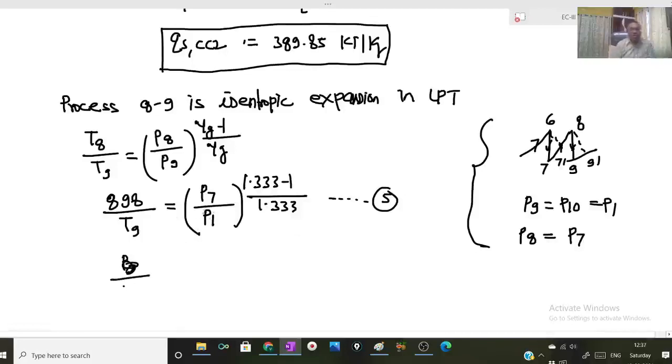Now to get the value of P7 by P1, let us first recall what is known to me. So P2 by P1, this pressure ratio is known to me. I can also represent this as P6 by P1.